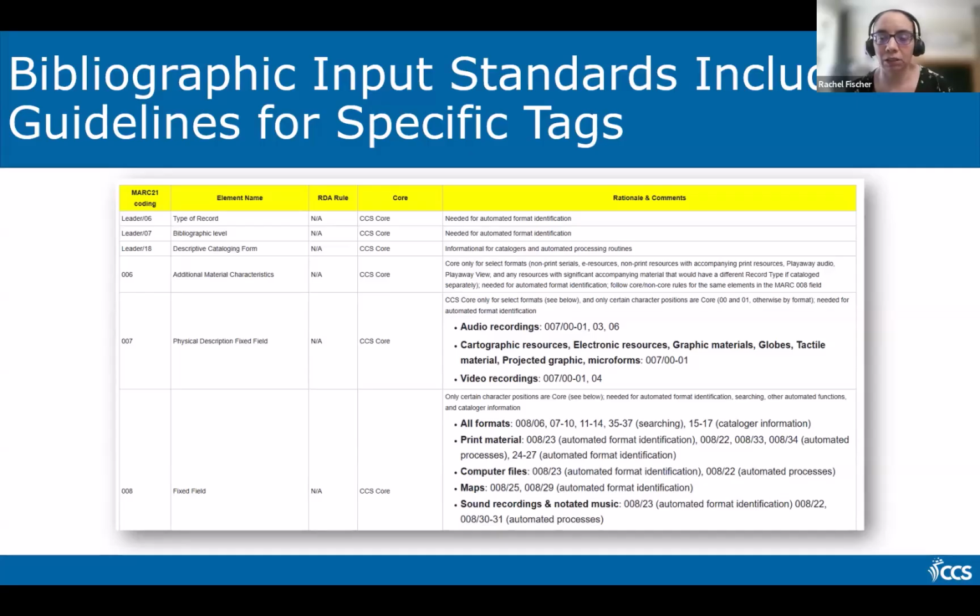There are also some links to specific pages. The table documents instances where CCS practice varies from OCLC input standards. The column called core includes the degree to which a field is required. The data may be omitted if the information is not present on the item and is not readily ascertainable.